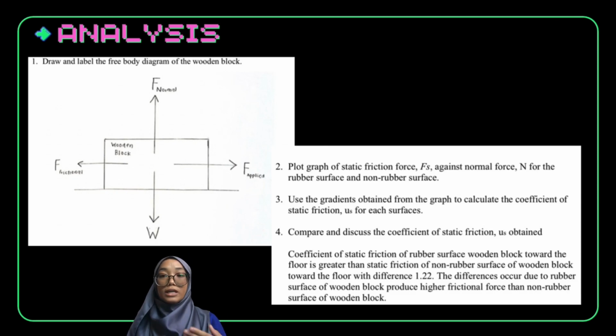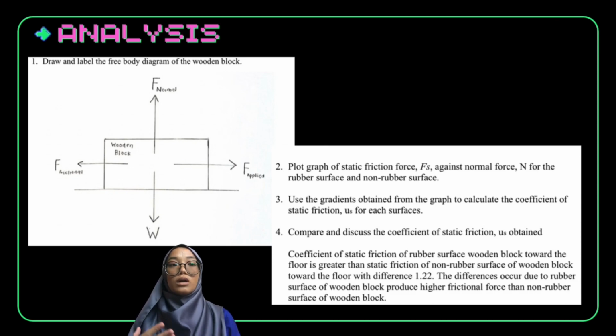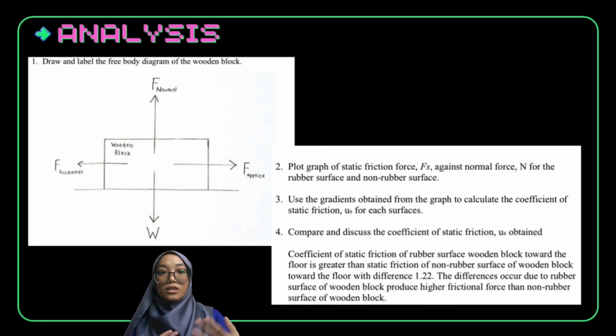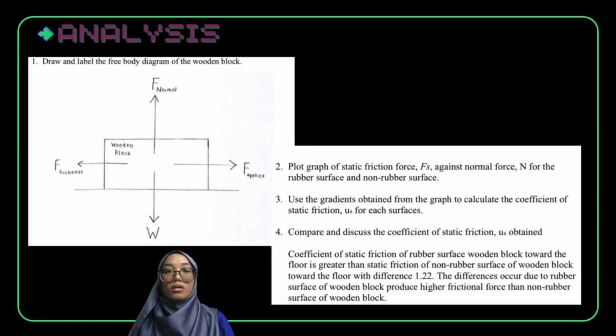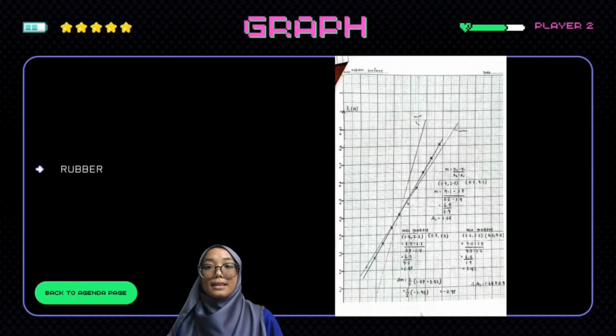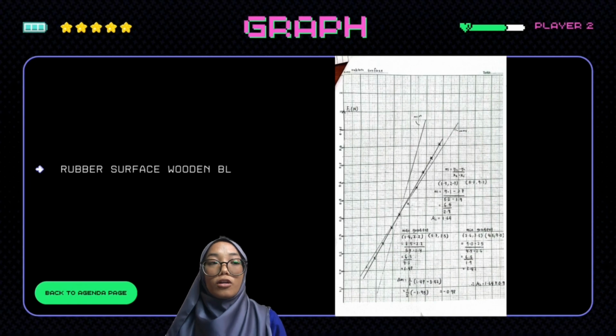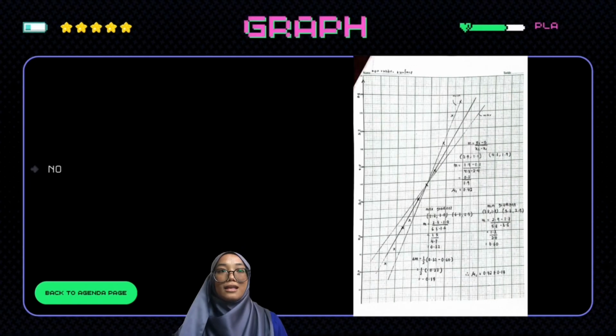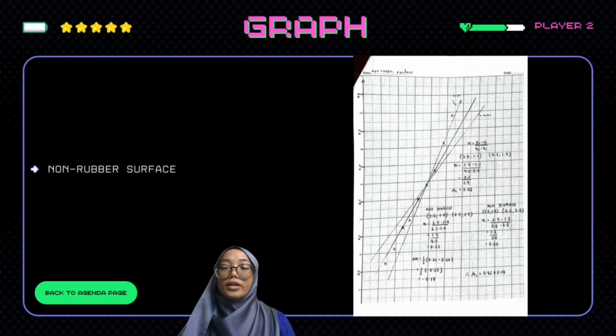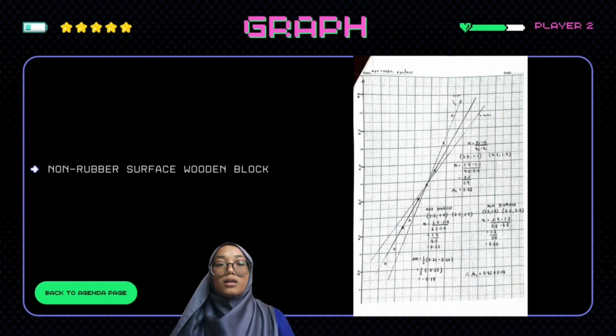The difference occurs because the rubber surface of the wooden block produces higher frictional force than the non-rubber surface. This is the graph for the rubber surface of the wooden block. And this is the graph for the non-rubber surface of the wooden block.